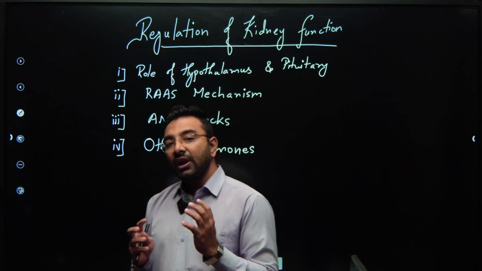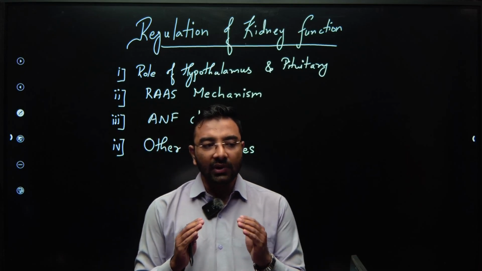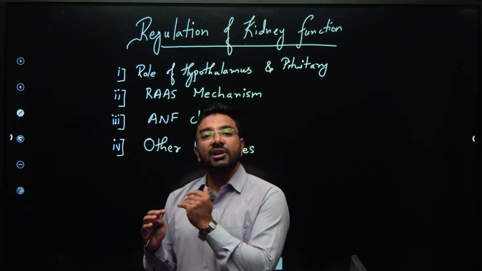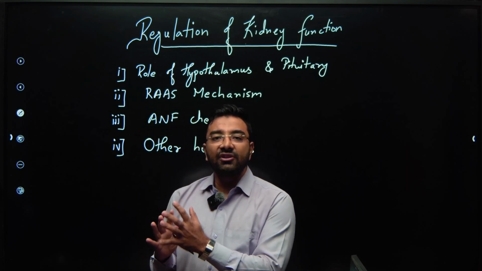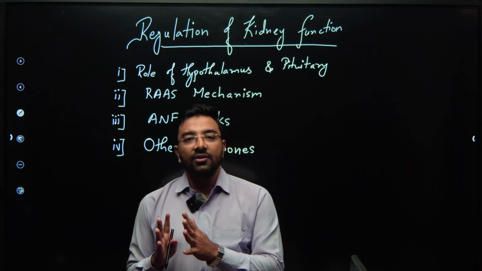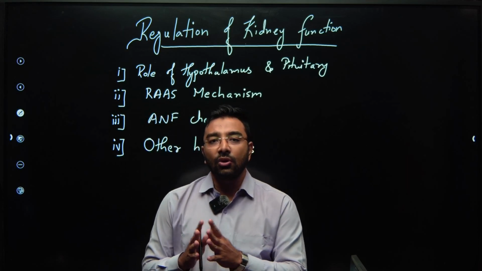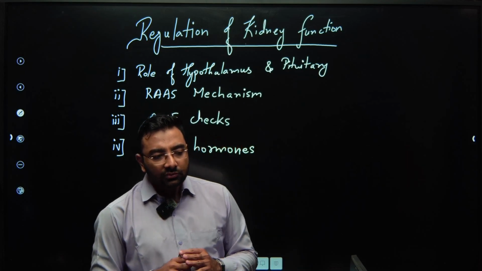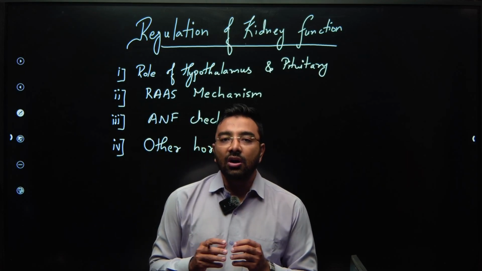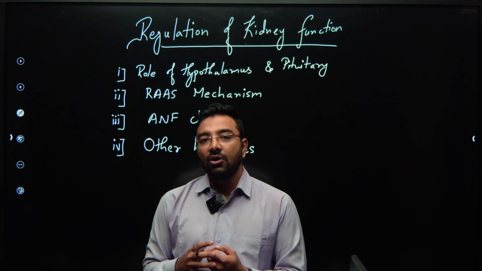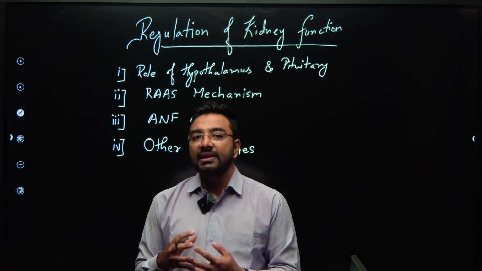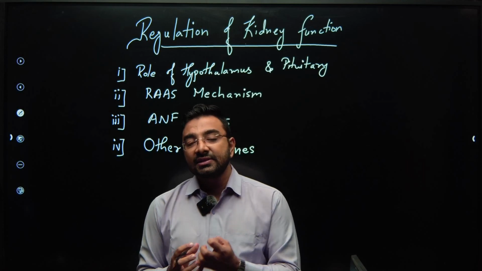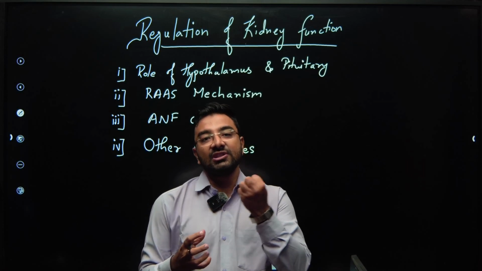First of all, we have to understand that our kidneys show a glomerular filtration rate of approximately 125 ml per minute, which has to be maintained throughout the health of the kidney. So, in case of loss of body fluid or blood volume or ionic concentration of the blood, there are various cells in our body which sense these changes.